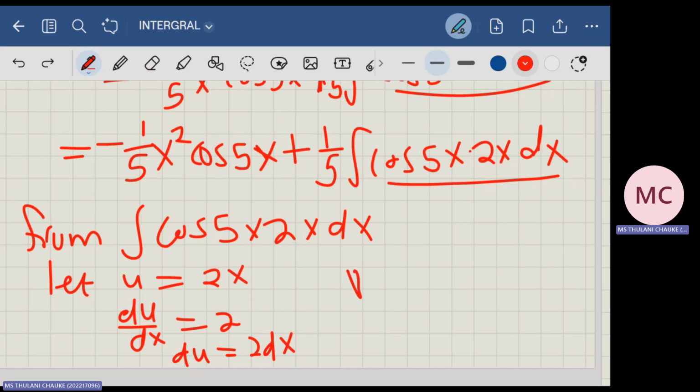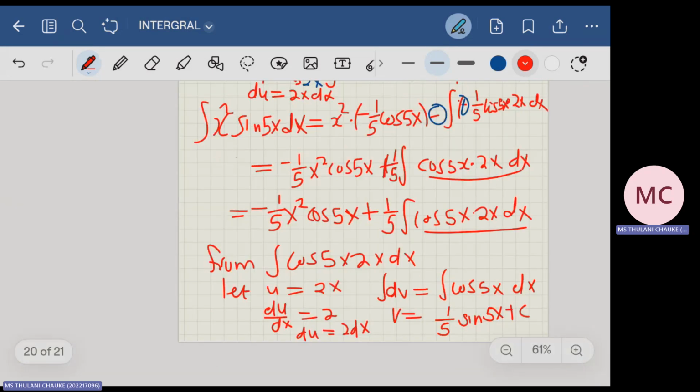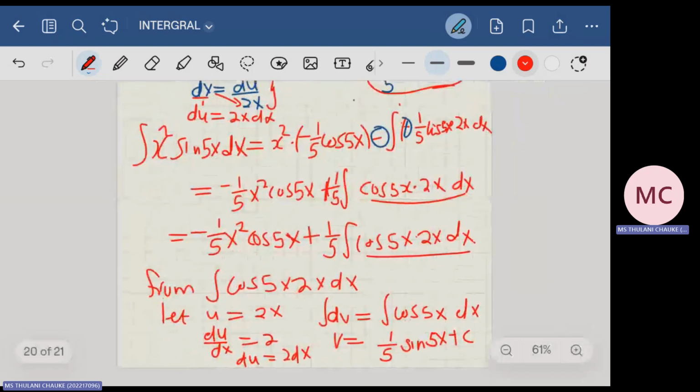Then dv would be cosine 5x dx, and then I integrate. This will be v equal to 1/5 the sine of 5x plus c. So I know the value of v, I know the value of my u.